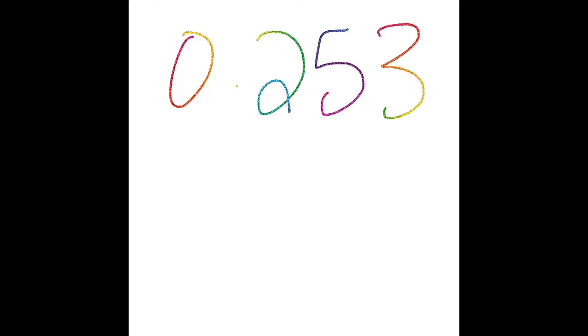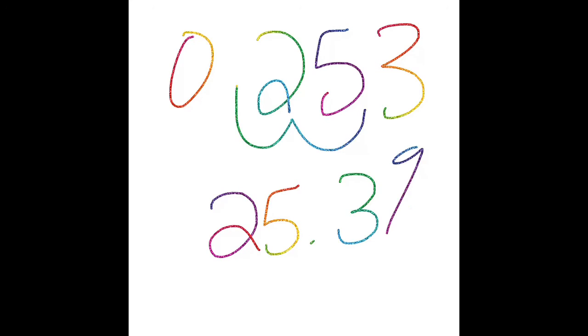One more since I went a little too fast that time. 0.253. So moving over 1, 2, you get 25.3%. All right.